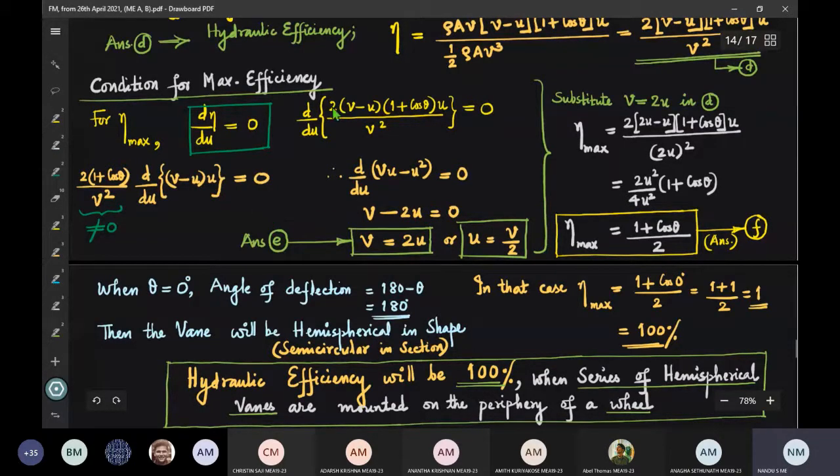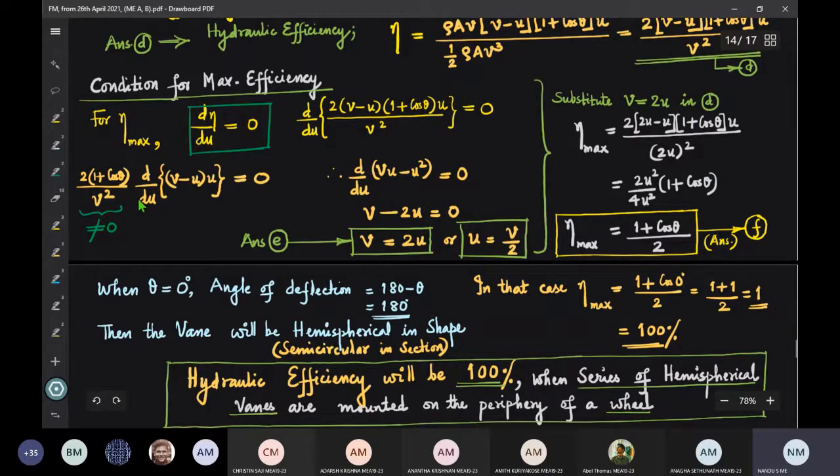So when you differentiate this expression with respect to U, what is going to happen? 2 by V squared and 1 plus cos theta are constants which you can take outside the derivative. So 2 into (1 plus cos theta) by V squared can be taken out of the derivative, and inside the derivative we have (V minus U) into U. And this factor 2 into (1 plus cos theta) by V squared is not equal to 0.